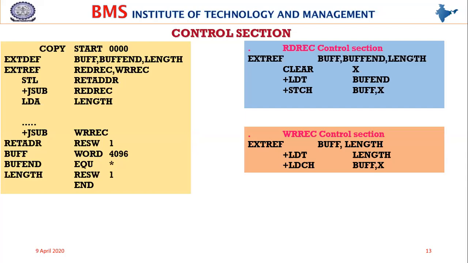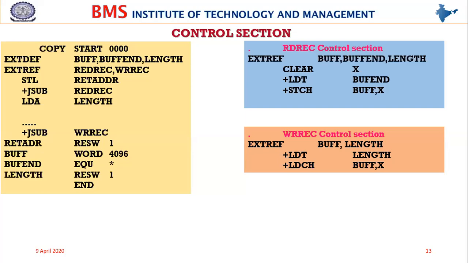We have BUFFER and LENGTH as two external references, and LDT LENGTH, and we have BUFFER from X, and these two are also external references. So we are using format 4 instruction. Fine. So totally we have 3 control sections: one default control section, one read record, and one write record.